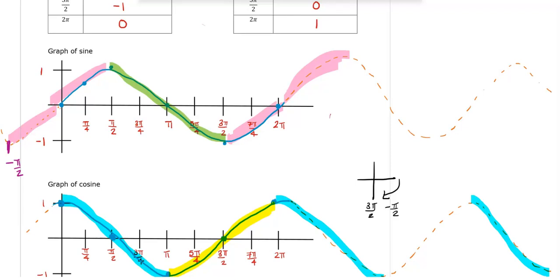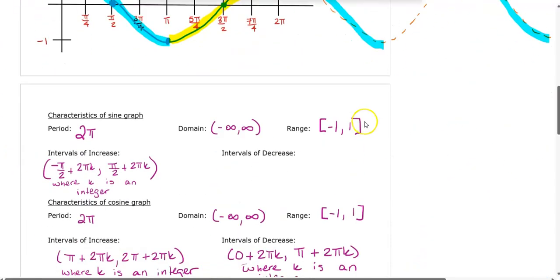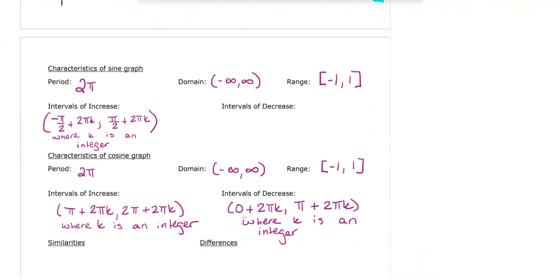So I'm going to say pi over 2 plus 2 pi k to 3 pi over 2 plus 2 pi k. Again, not including the endpoints, and where k is an integer.